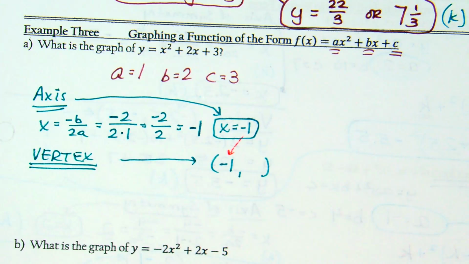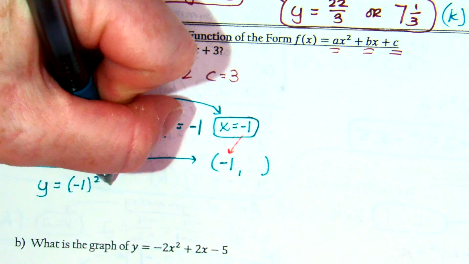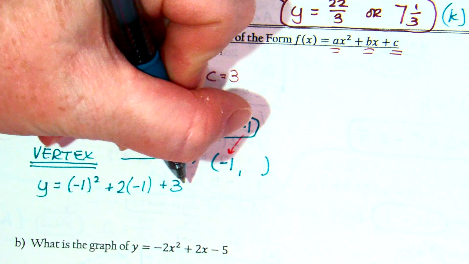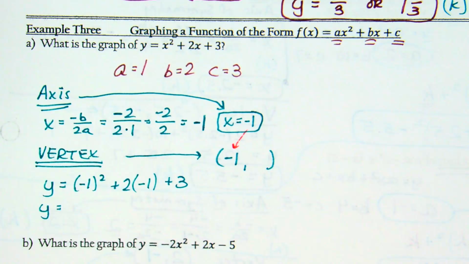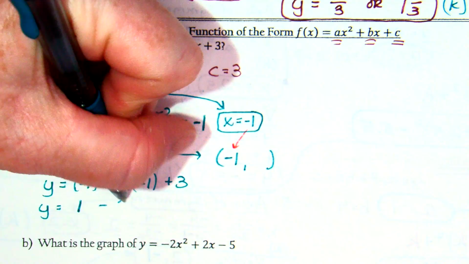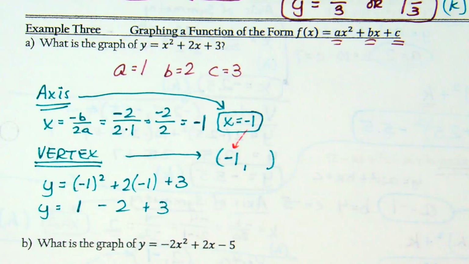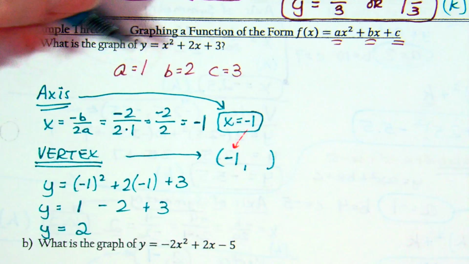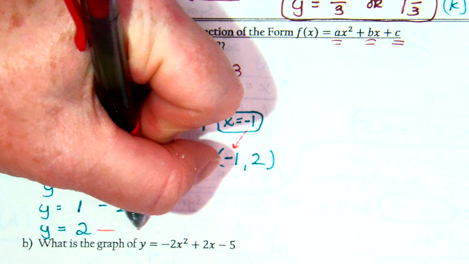So, -1 squared plus 2 times -1 plus 3. -1 squared, -1 times -1 is +1. 2 times -1, minus 2 plus 3. 1 minus 2, so -1 plus 3, 2. What do you know about that 2? It's the second half of that vertex.